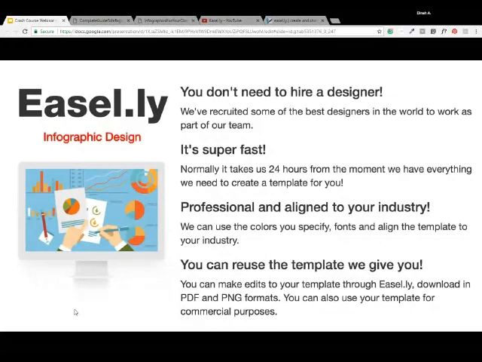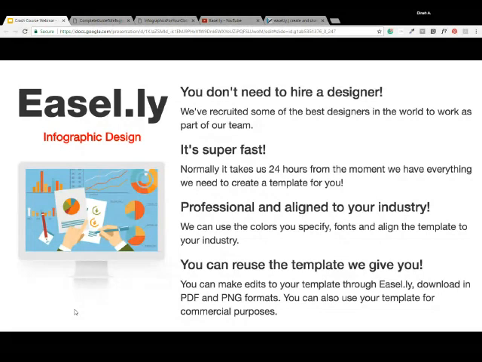And what's nice about it is that design can essentially be used as a template that you can reuse. So once our designer has made this infographic that looks great, you can use it within the Easly tool, and you can update your information and data for that template.